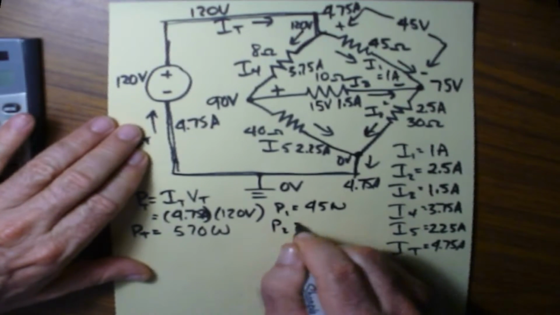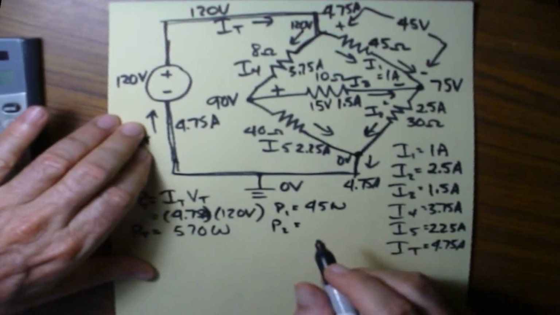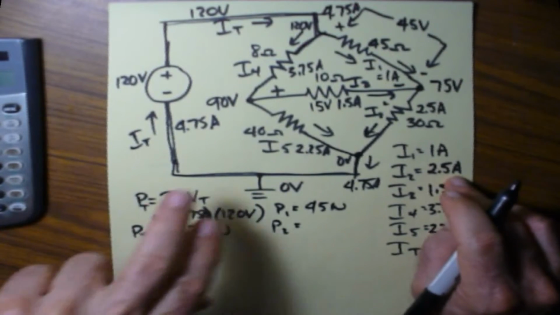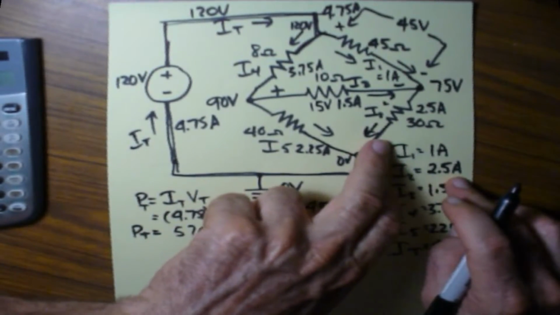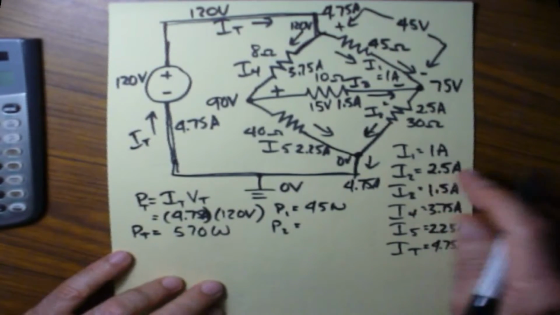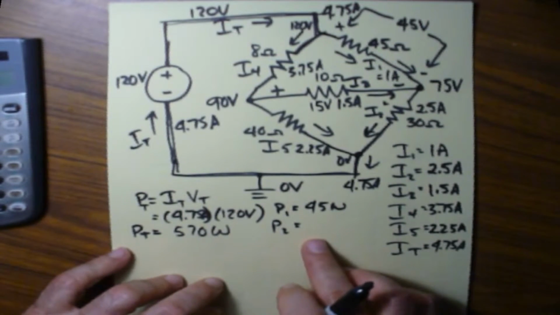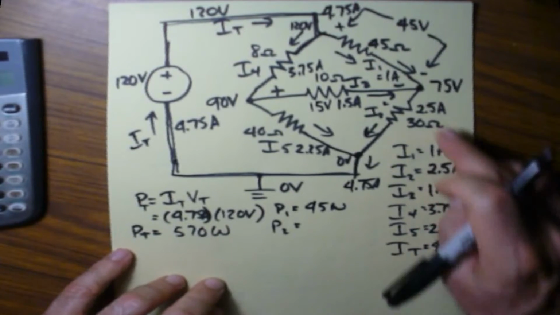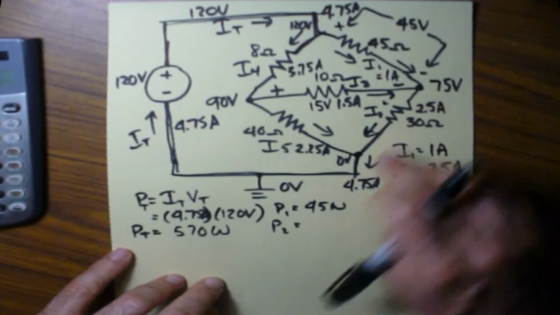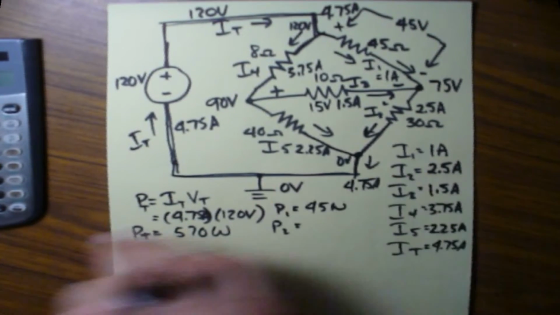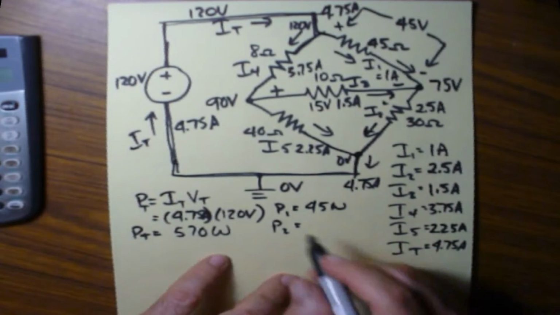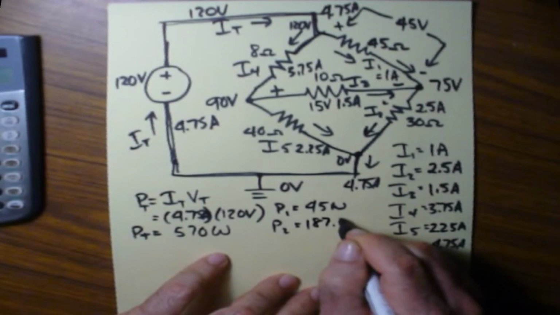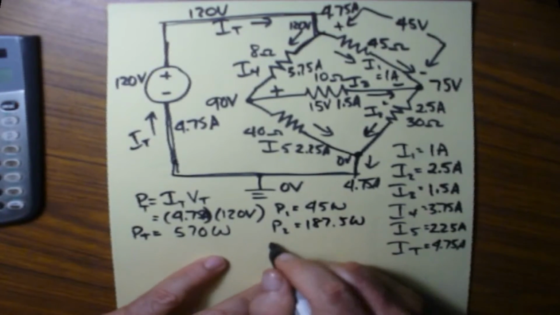P2 is I2, which is 2.5 times 75, which is 187.5 watts.